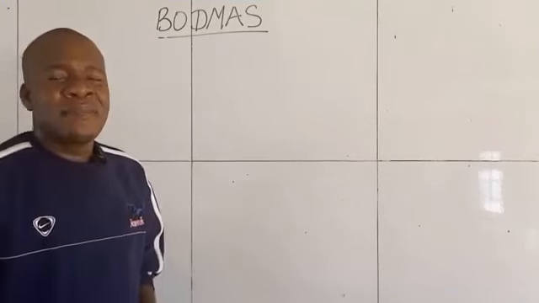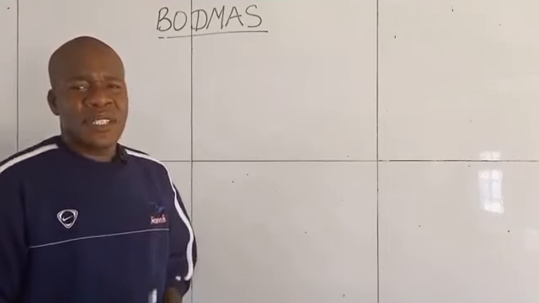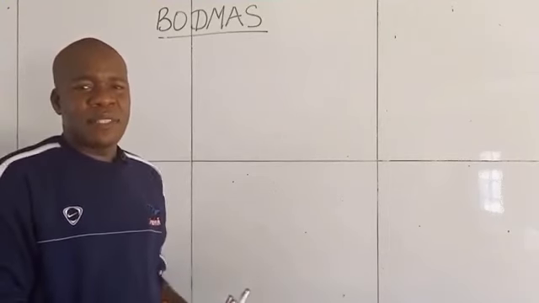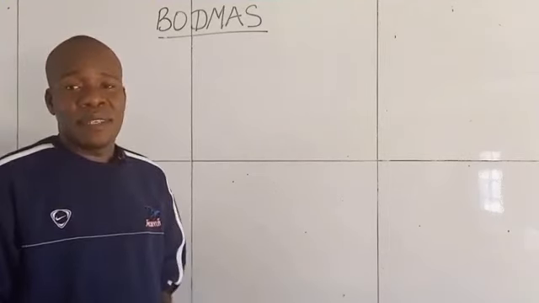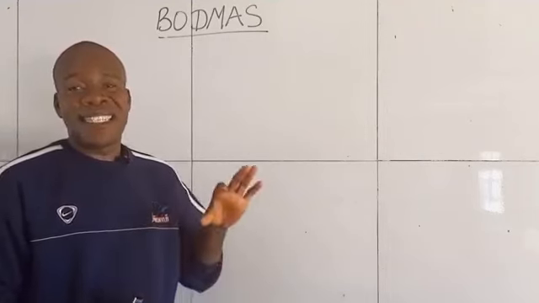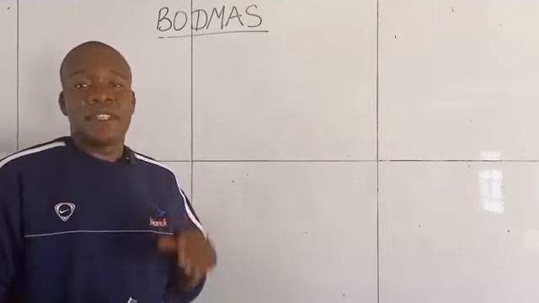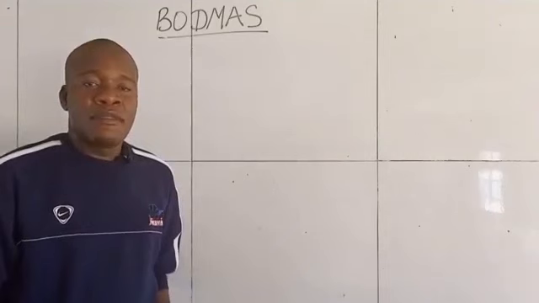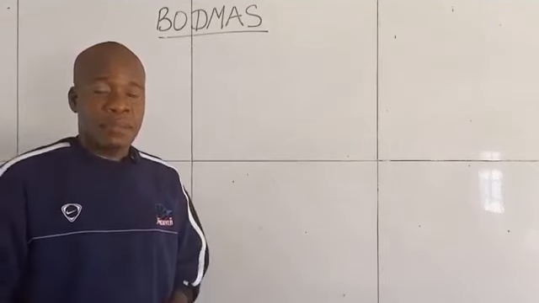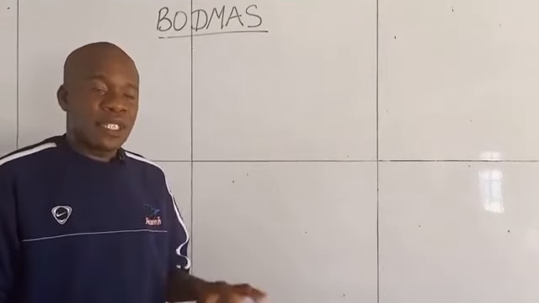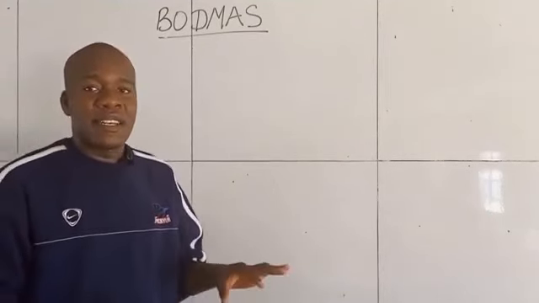Thank you. Today, I want us to discuss BODMAS. What is BODMAS and why is it very important? There has been a lot of misconceptions towards the right order and the right definition of BODMAS. First of all, BODMAS is an acronym in mathematics that gives us the precedence of mathematical operations.